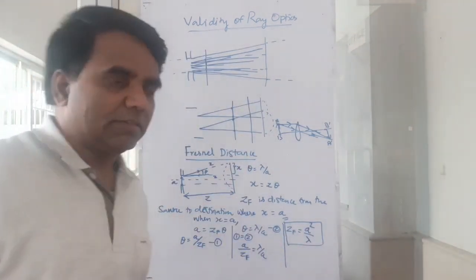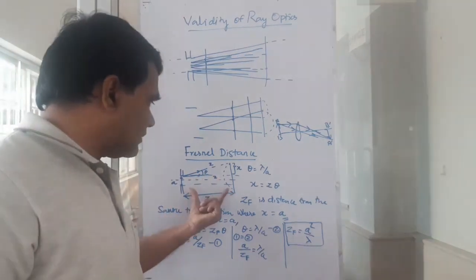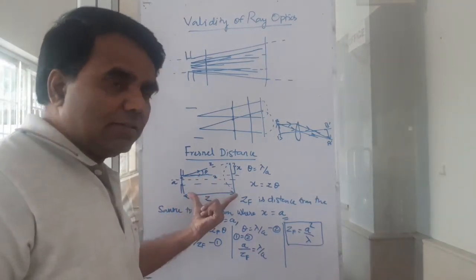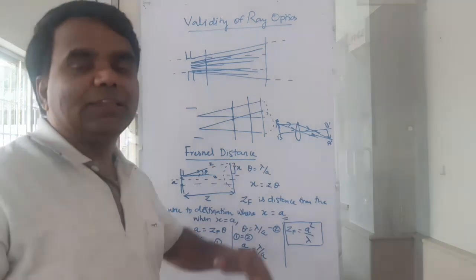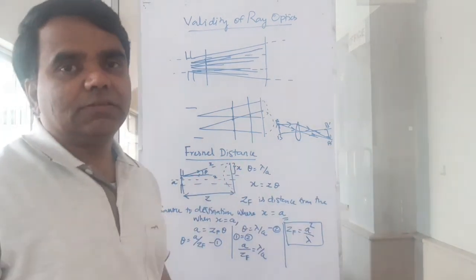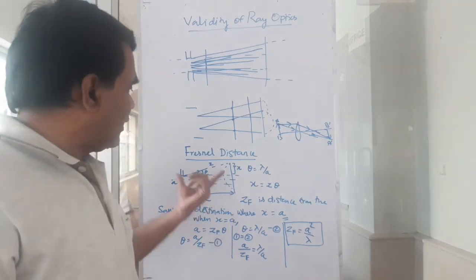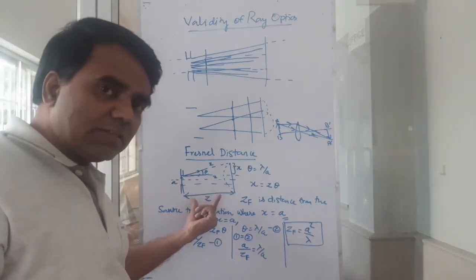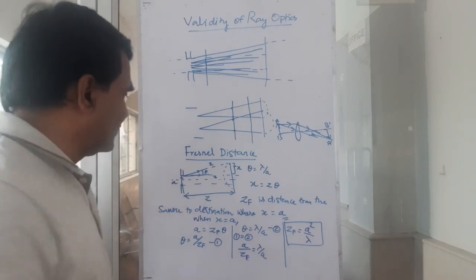So I want you to understand this. Fresnel distance is the distance beyond which the wave nature of light dominates. Within the Fresnel distance, you can use ray optics.